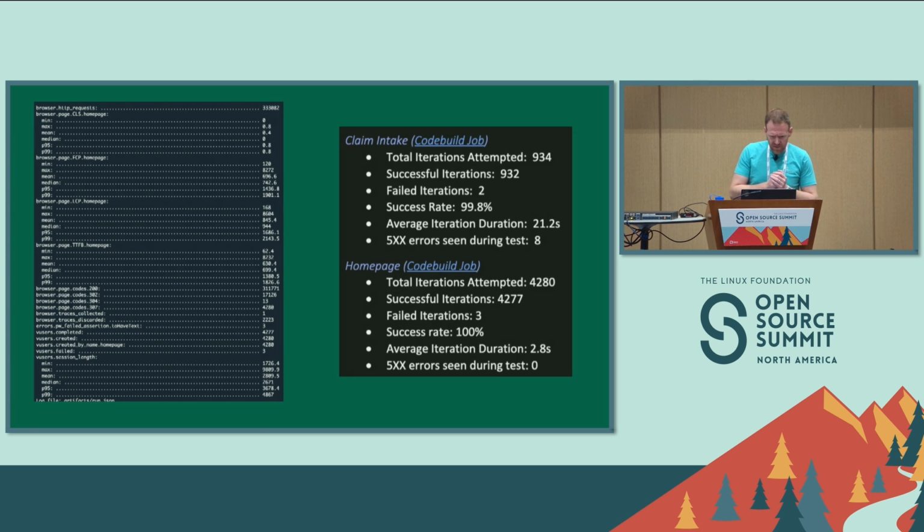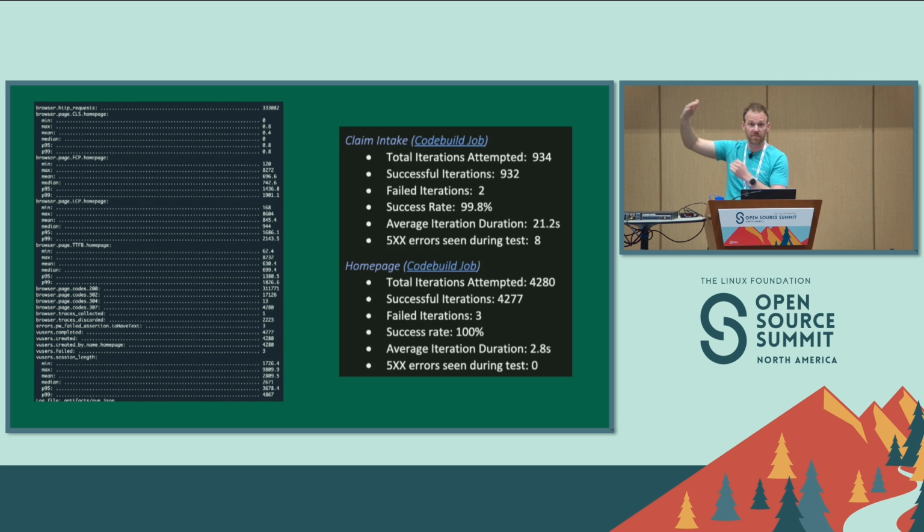Cool. And so what we can see here, I'm just going to break this down. On the right, when we run our load tests, we often have multiple components. So we might have claim intake, which is the test that I've been talking about so far, running alongside visits to the unemployment homepage. And we run these tests simultaneously to simulate different types of traffic that we know are out there. And so we can see that for the claim intake test, we attempted 934 iterations.